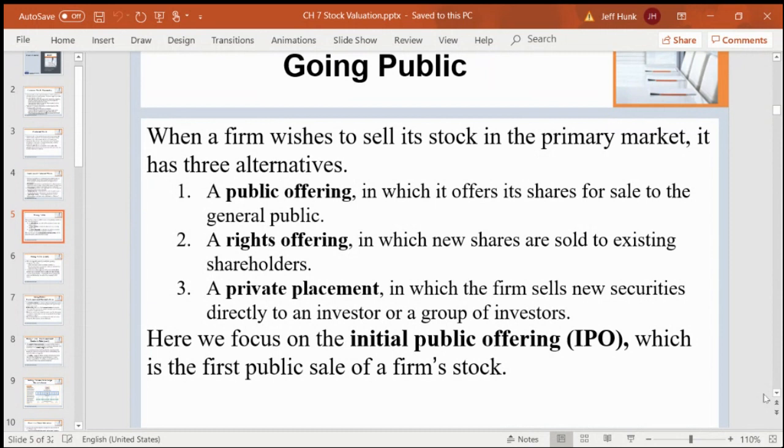So think about it. Let's say I was holding 2,000 shares of a company, like Moderna.